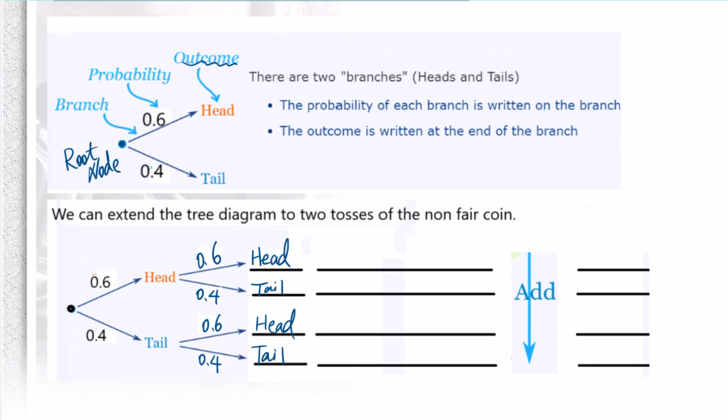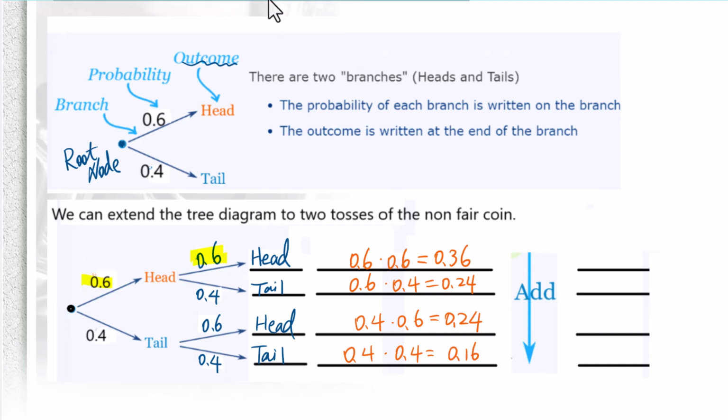We need to multiply the probabilities along the branch. 0.6 times 0.6 equals 0.36. 0.6 times 0.4 equals 0.24. 0.4 times 0.6 equals 0.24. 0.4 times 0.4 equals 0.16.